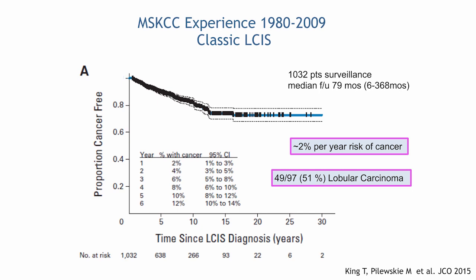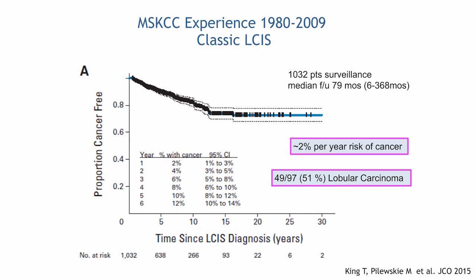This means that for a woman who has ADH or ALH, every year when she comes in to get her mammogram, there's a 99% chance she won't have breast cancer and a 1% chance that she will. So it's important to keep coming for that mammographic screening, but again, we don't have to think about this as a huge amount of risk all at one time.